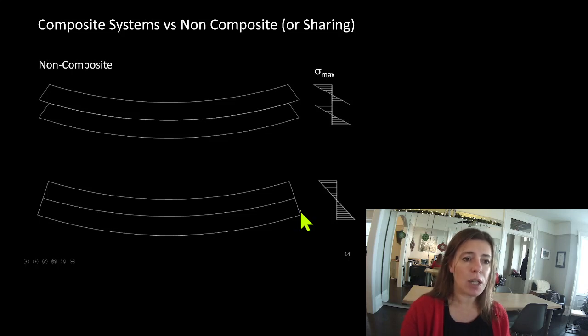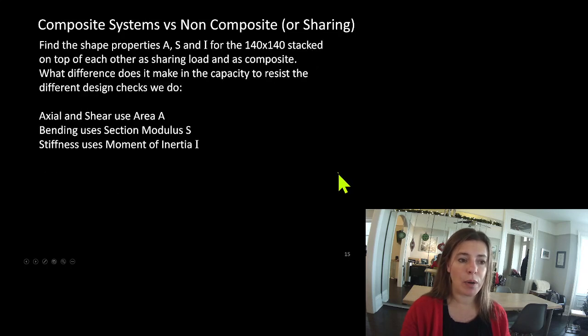Let's take a look at what this means. Here's our maximum stress, the maximum stress at the extreme fiber we want to see. So let's find the shape properties A, S, and I. Remember, A is what we needed for shear and for axial loads. S was the shape property we used for bending. And I, or moment of inertia, was the shape property we used for deflection.